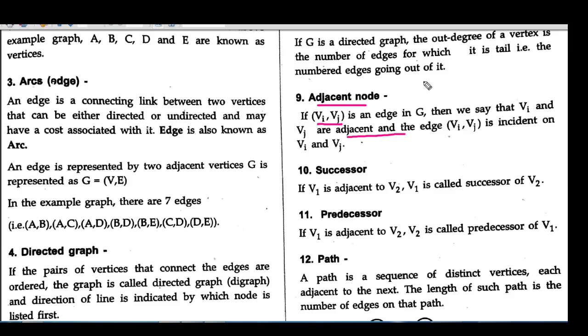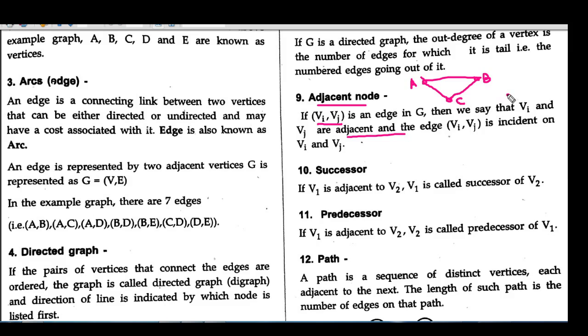Suppose I draw one graph here having three vertices, and I give the names A, B and C to the vertices. Now if you see this AC edge, then A and C are called adjacent nodes. In this case A and B are also adjacent nodes, and C and B are also called adjacent nodes.